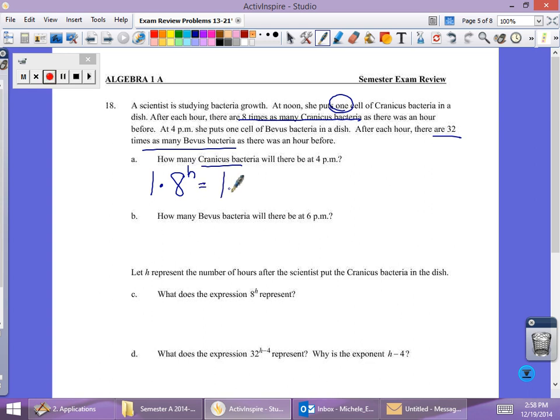So 1 times 8, it's 4 hours later that we want to know, because if we are starting at noon, from noon until 4 p.m. is 4 hours. So I know I have to multiply by 4 different 8s. So 1 times 8 to the 4th power is 4,096 bacteria. And that is the Granicus bacteria.